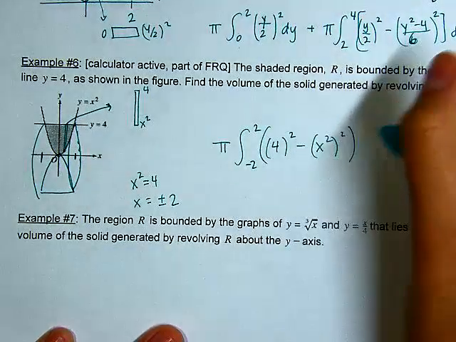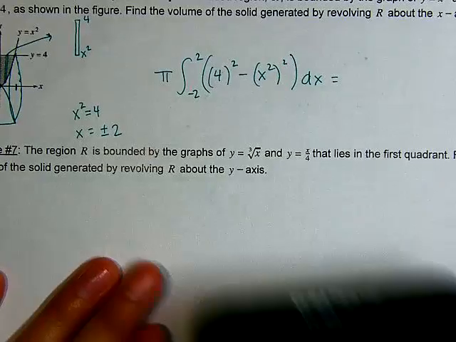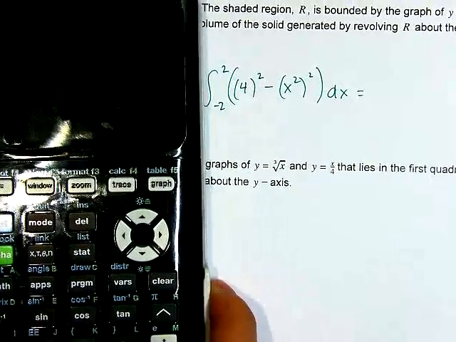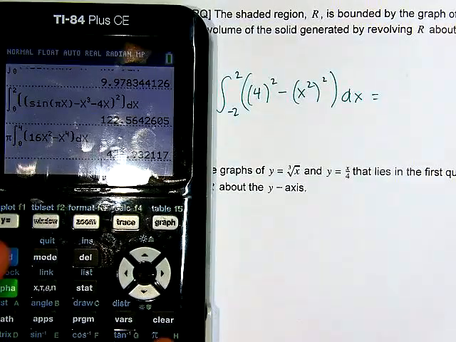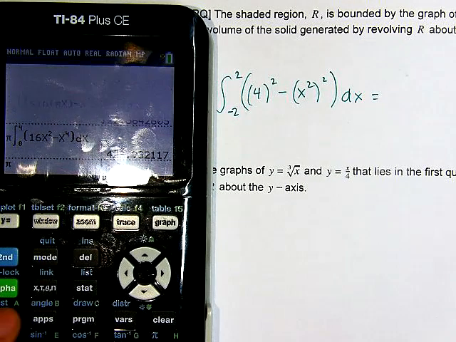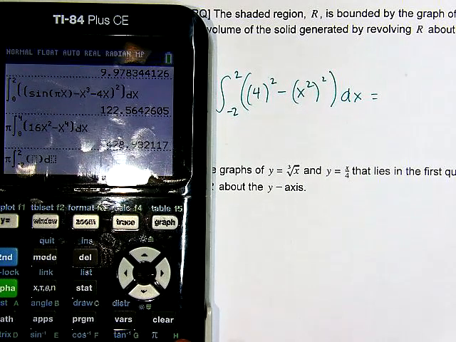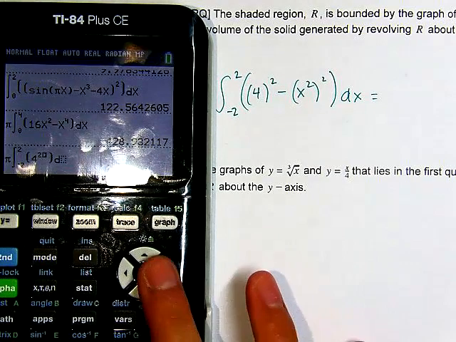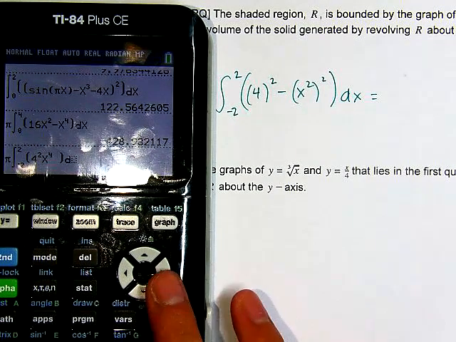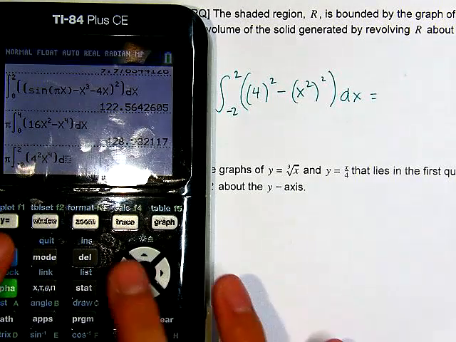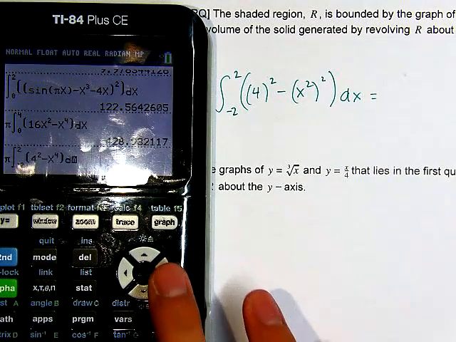This one, you can use a calculator. So go ahead, grab your calculator. Just for simplicity's sake, I'm going to go ahead and multiply out the x squared and just say it's x to the 4th.